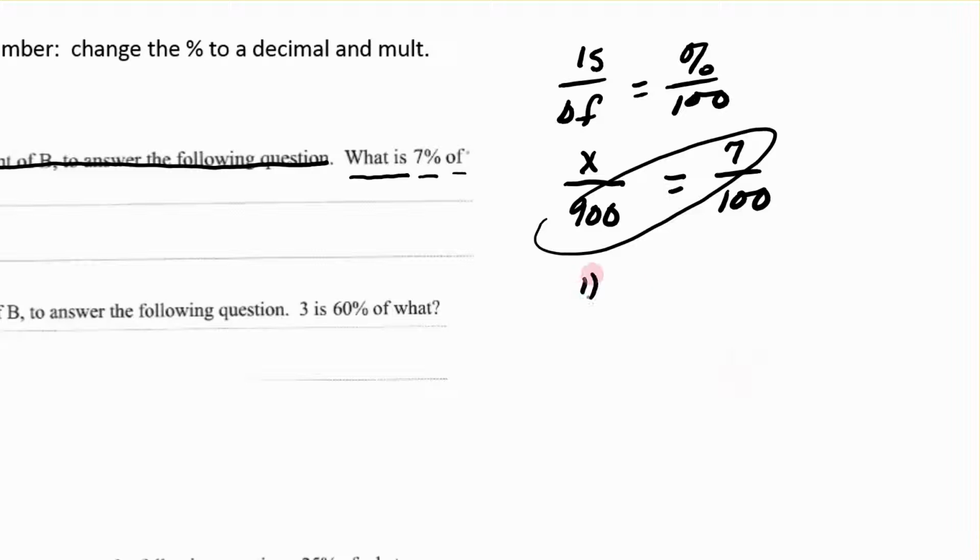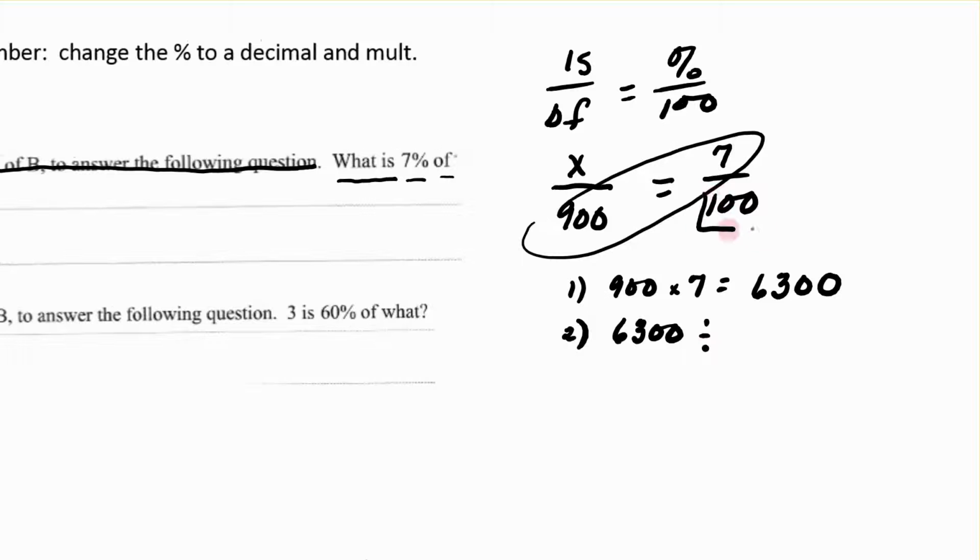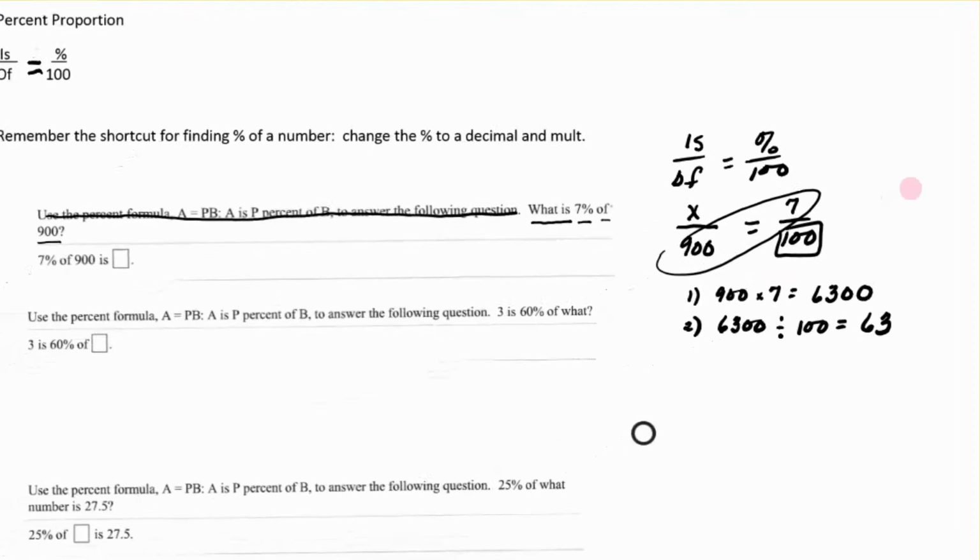Step 1, I have 900 times 7 is 6,300. Step 2, take that 6,300, divide it by the number you haven't used yet, which is 100 in this problem. My answer is 63.